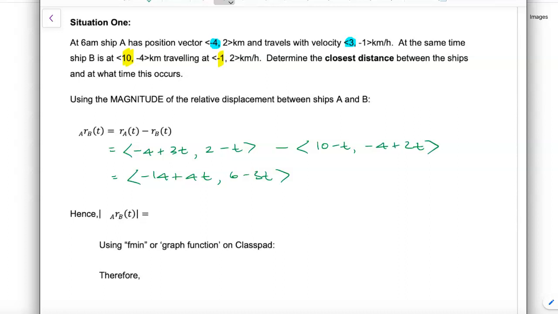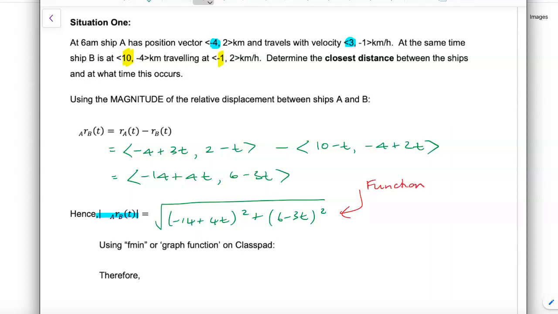So what we can do now is find the magnitude of this, which is going to be the square root of (-14 plus 4t) squared and (6 take 3t) squared, added together, and finding the square root to give us that scalar. But because we don't know at what time this occurs, we can plot this as a function over time, and then we can find its minimum.